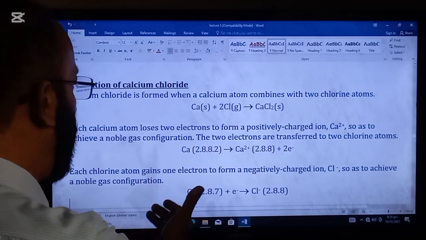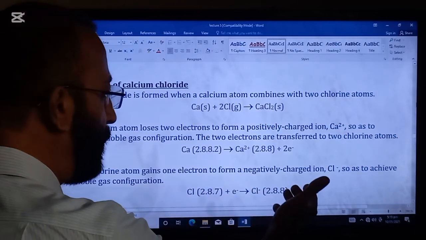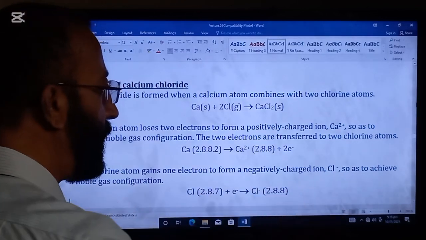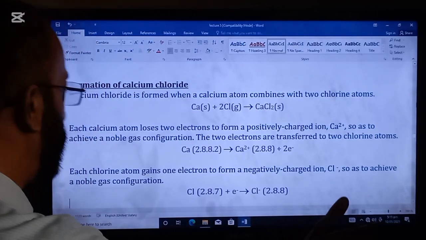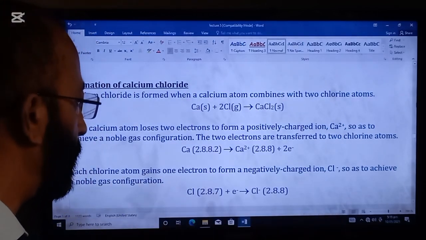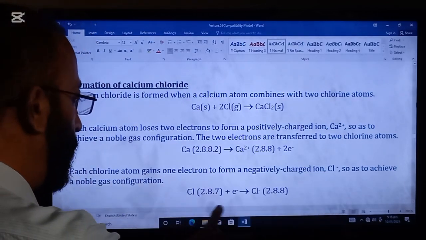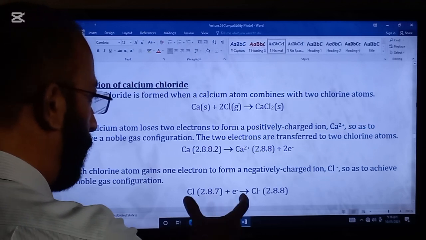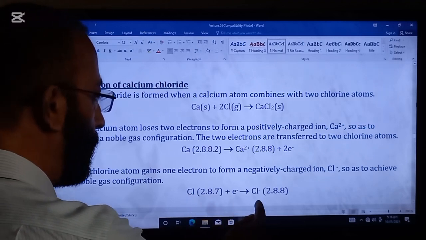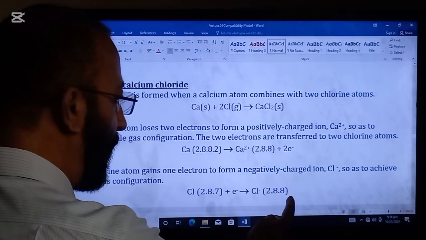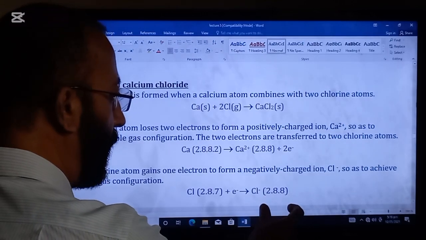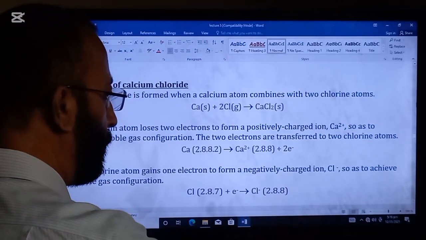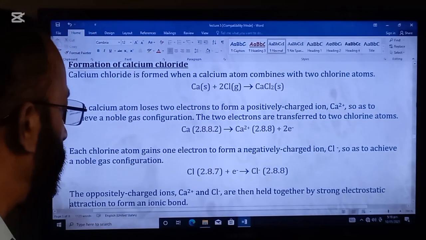Each chlorine atom gains 1 electron to form a negatively charged ion, that is Cl-, so as to achieve a noble gas configuration. Original electron configuration of chlorine is 2,8,7. Now it will gain 1 electron to get the noble gas configuration 2,8,8.